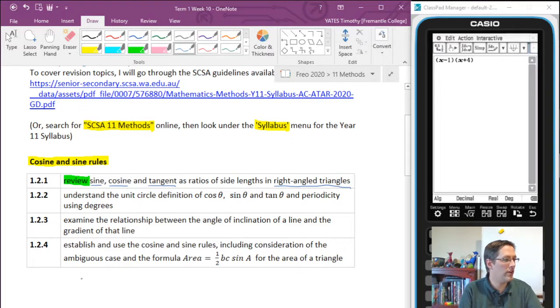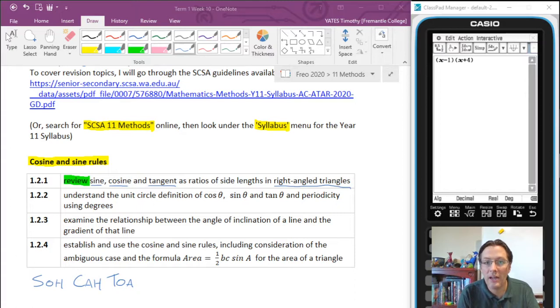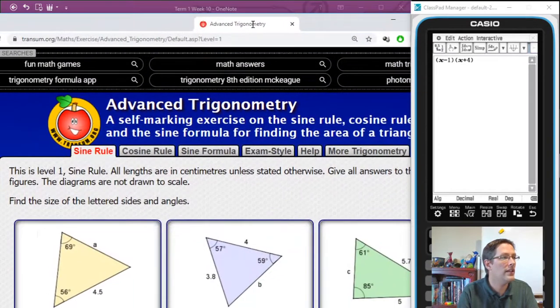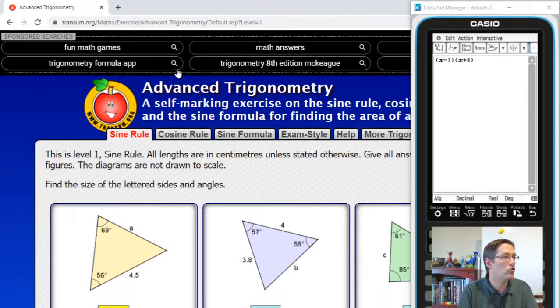So this pretty straightforwardly is SOHCAHTOA. Now we should all be familiar with SOHCAHTOA. Now if you are having trouble with SOHCAHTOA, and it's totally understandable that you might be, there is a good online activity. It is a site called Transum.